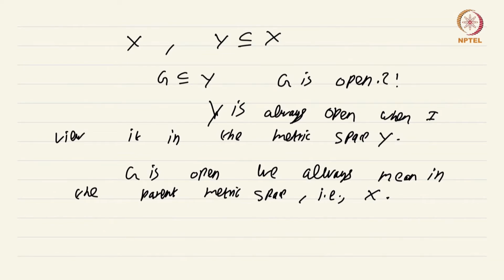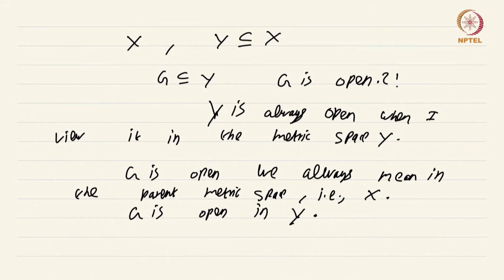Now if you want to check whether G is an open set when you treat it as a subset of Y, then we will say G is open in Y. If you want to distinguish that we are treating Y as the metric space under which we are analyzing G, we will be explicit and say G is open in Y.